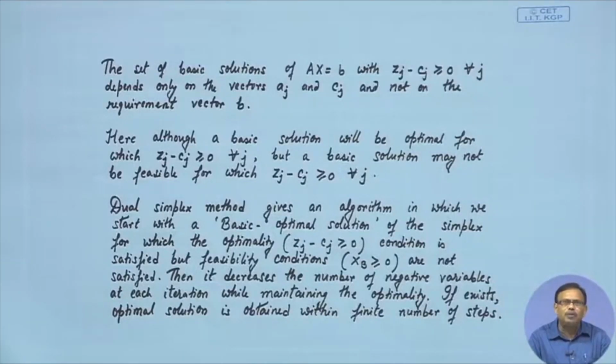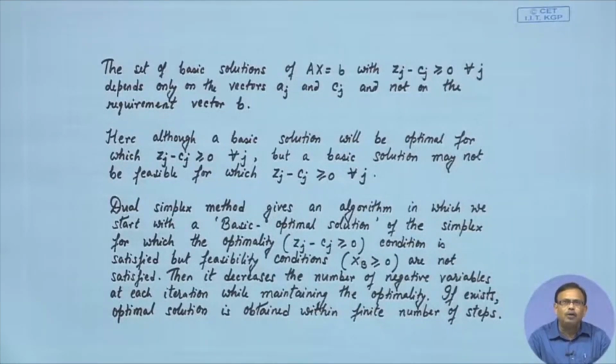The dual simplex method gives an algorithm that starts with a basic optimal solution of the simplex method, for which the optimality condition is satisfied. Optimality condition means z j minus c j greater than equals 0.